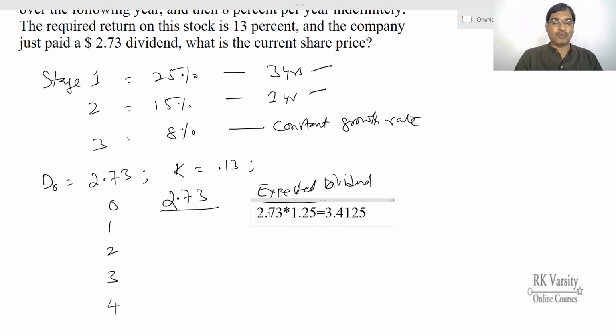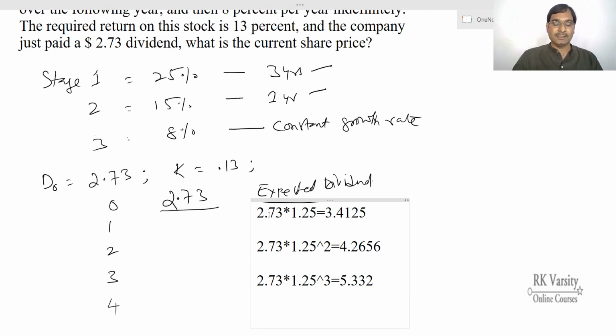So 3.41 is the expected dividend for the first year. And for the second year, 2.73 times 1.25 raised to the power of 2. So this is for the second year. In the third year, 2.73 times 1.25 raised to the power of 3. So this is the dividend for the third year.